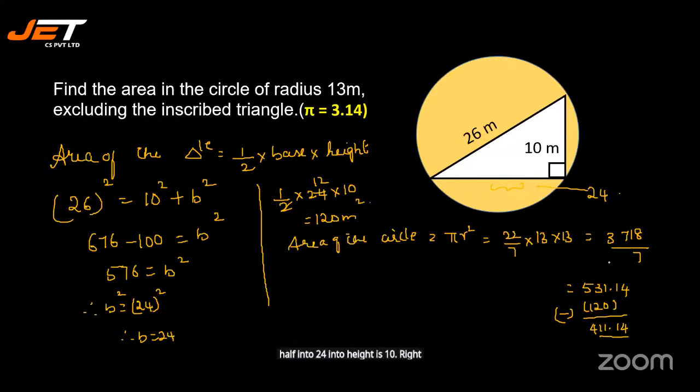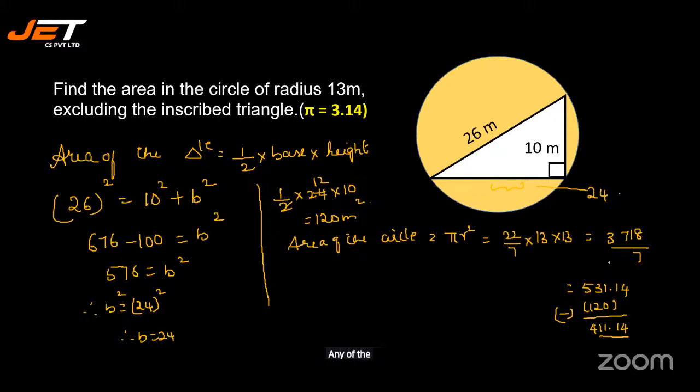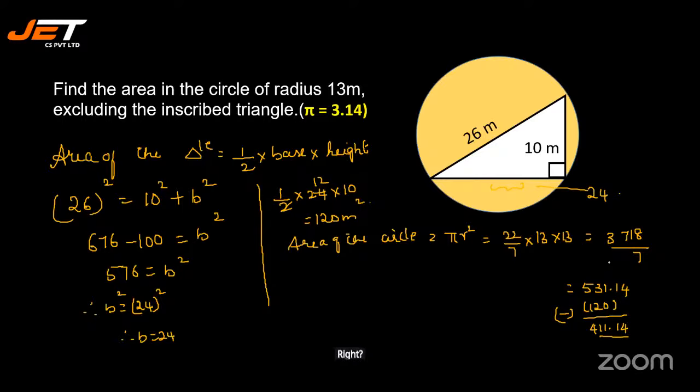And next, I have found out the area of the circle. Area of the circle is pi r square. So pi into what is the radius? 13 into 13. I'm getting it in decimal. You should not panic if you get it in decimal. So it is 531.14 minus 120, which will give 411.14.